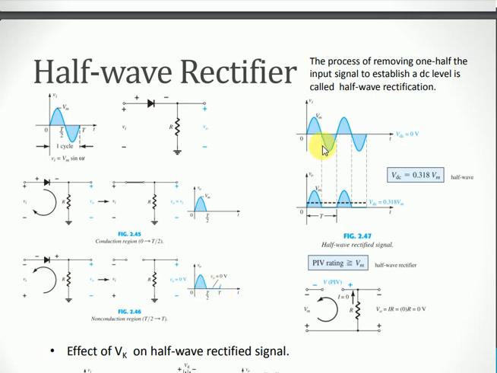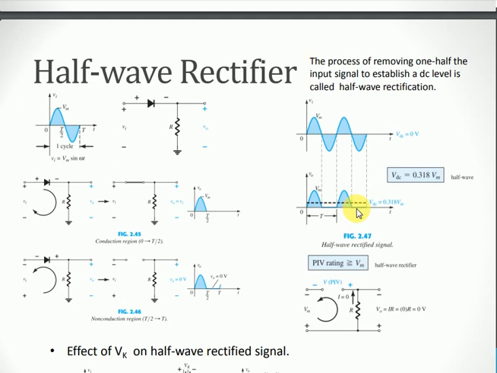So here is the simple graphical representation of this. This is the input signal. When we have the positive half cycle, we get the result of Vm, and when we have the negative half cycle, there is no output. Then again positive cycle, we have positive Vm, and when there is the negative cycle, there is no output.